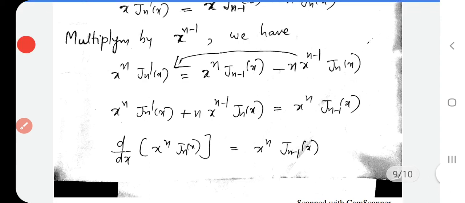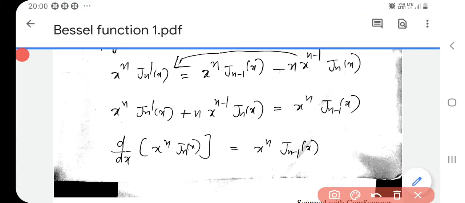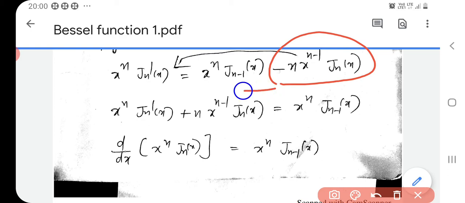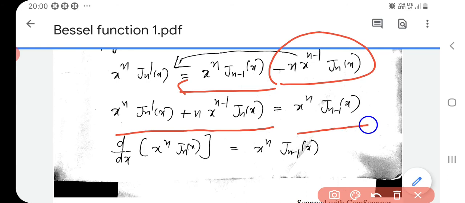Okay, now we take minus n x to the power n minus 1 Jn of x to this side. So we have x to the power n Jn prime of x plus n x to the power n minus 1 Jn of x equal to x raised to the power n Jn minus 1 of x.